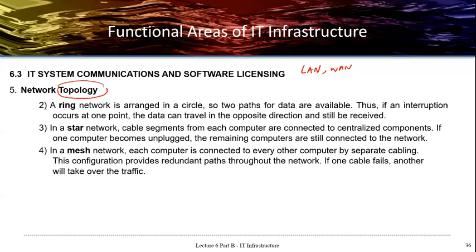We can arrange the network in a way that it's a circle, so then we call it a ring topology. Two paths for data are available when you're doing a ring. You attach your computers to the ring.